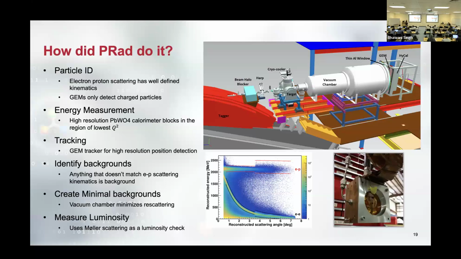So for particle ID, there's a couple of different things you can do. First, electron-proton scattering for elastic scattering is an extraordinarily well-defined kinematic. You have proton and electron in, proton, electron out. With energy conservation, you can get an exact value.